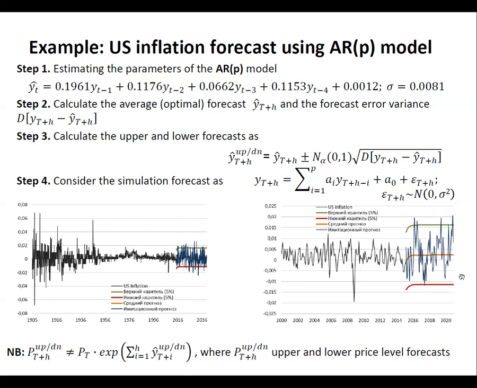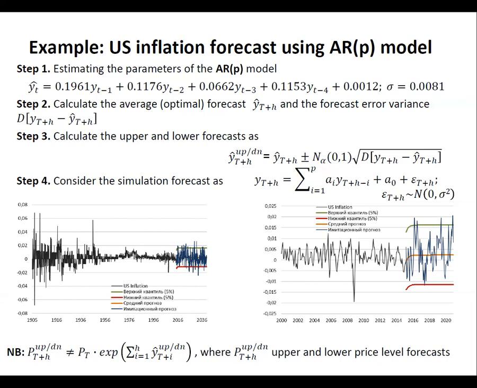So what is important to pay attention to? Here we construct models on the first differences for the price level. That is, United States inflation is the first difference of the price level. And here we have these formulas for the initial indicator on which we build the model. In this case, the model was on the first differences.